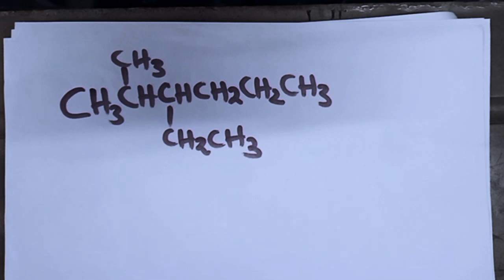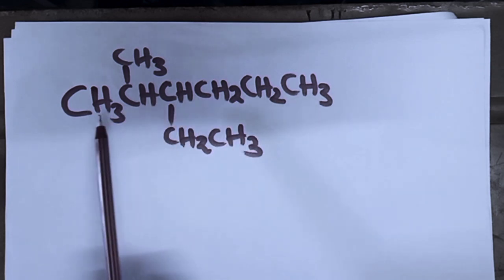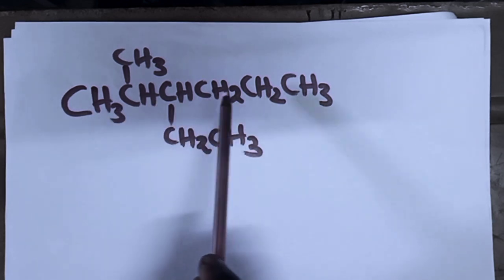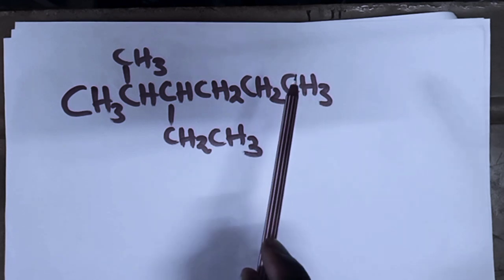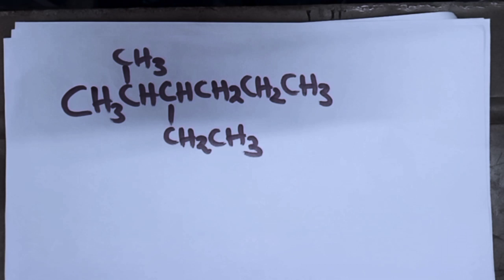Note that you can make as many corners as possible. You may have to turn corners to find the long chain. What do they mean? This compound you're having, you need to find the longest chain. So you can count 1, 2, 3, 4, 5, 6. How about 1, 2, 3, 4, 5, 6? We are counting the carbons.